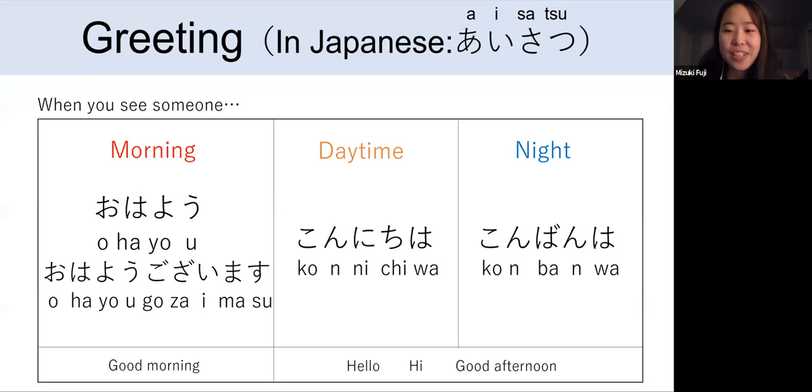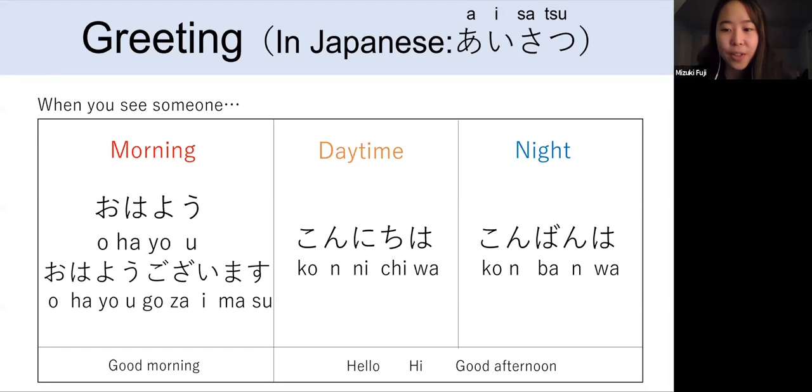Second, I'm going to teach you some greeting phrases. Some of you may already know them. When you see someone in the morning, you'll say ohayo or ohayo gozaimasu. It means good morning. In the daytime, you'll say konnichiwa. It means hello or hi or good afternoon. At night, you'll say konbanwa.